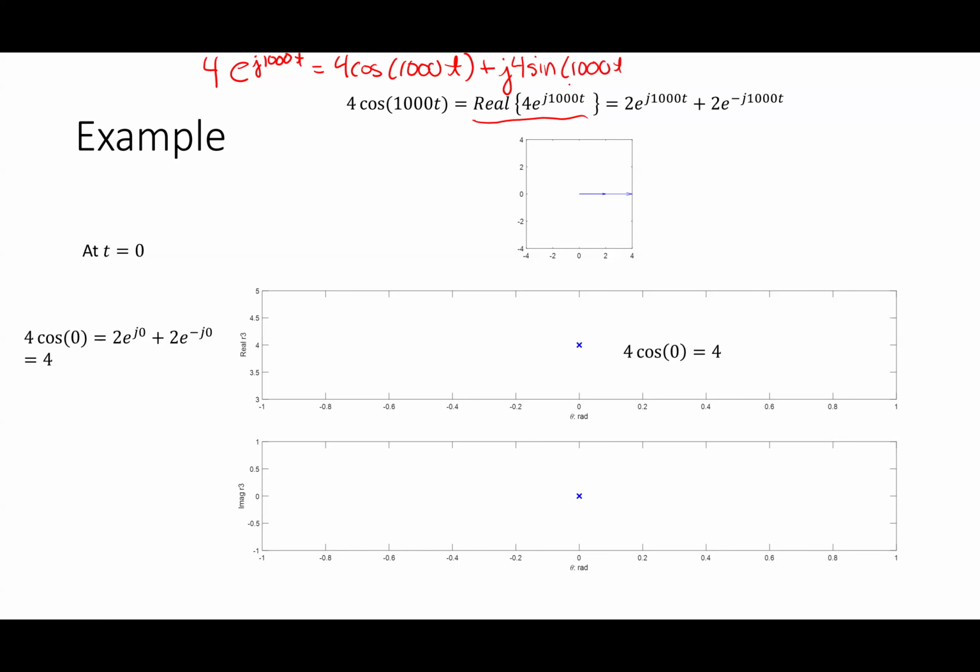What's the real part of that? 4 cosine 1000 t. So I'm showing those three things together at time t equals 0. At t equal to 0, 4 cosine 1000 t becomes 4 cosine 0, which is 2e to the j0 plus 2e to the minus j0, or 4.